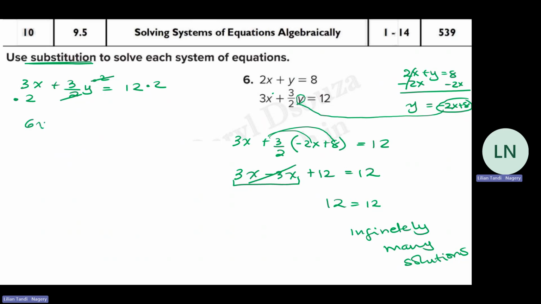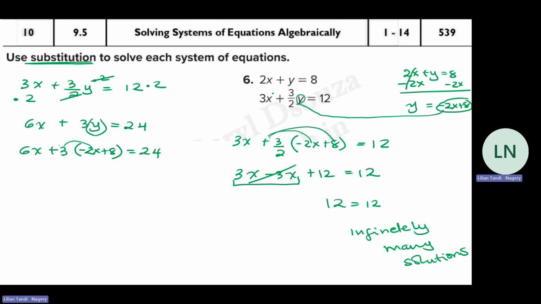So now I have 6x plus 3y equals 24. And then I'm going to replace the y. So we've got 6x plus 3 minus 2x plus 8 equals 24.